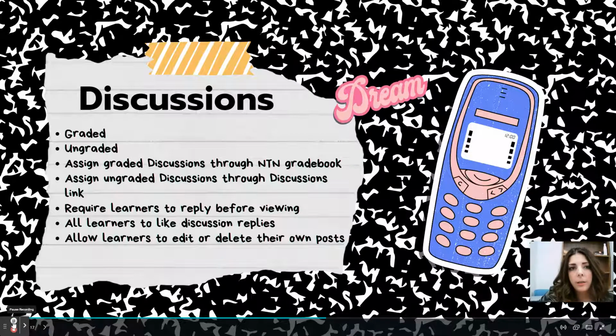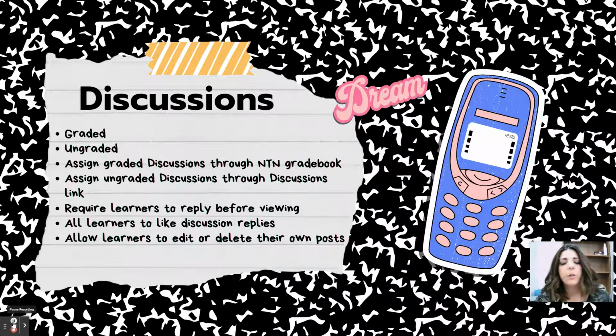All right, discussions. I showed you discussions when we were in assignments, that you could have a graded discussion. They can also be ungraded. You can find discussions in the navigation that says discussions, and it's a forum. So you can assign them through the gradebook, just like anything graded.